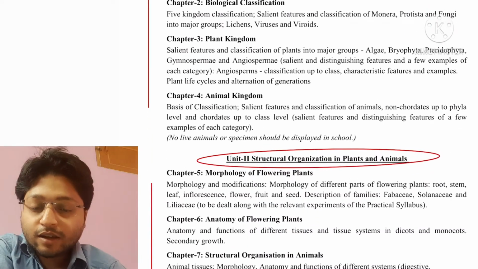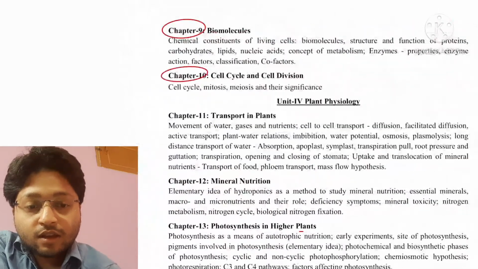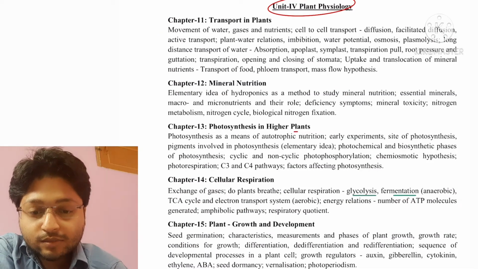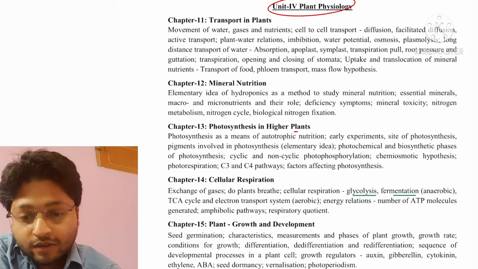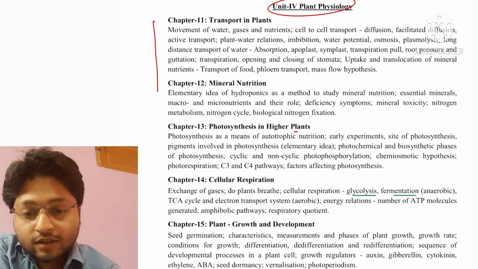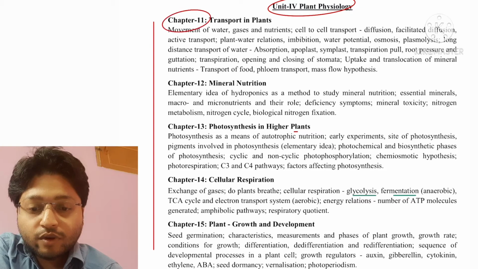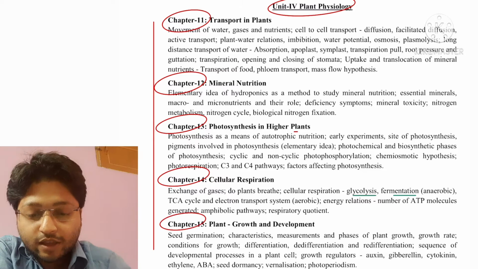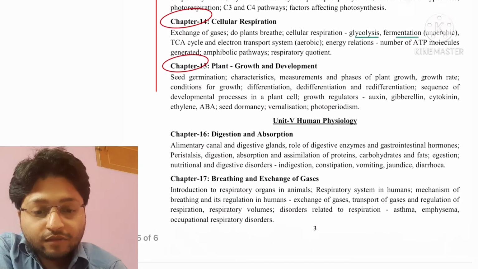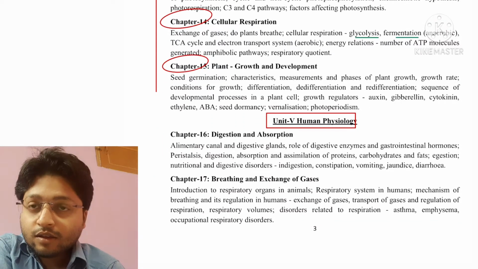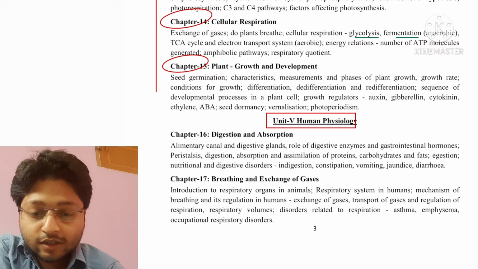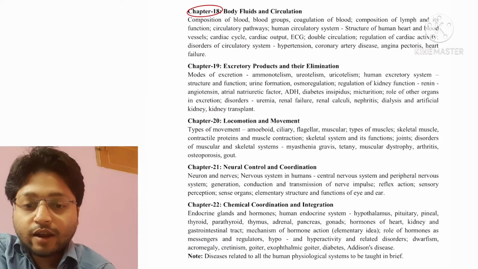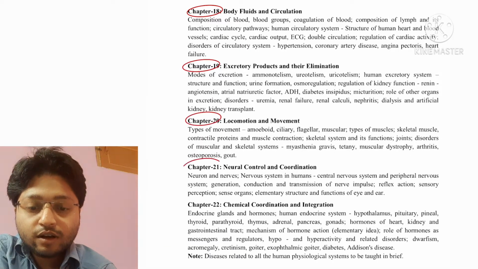In the 4th unit, plant physiology, there are 5 chapters: chapter 11, 12, 13, 14 and 15. The 5th unit contains 7 chapters: chapter 16, 17, 18, 19, 20, 21 and 22.